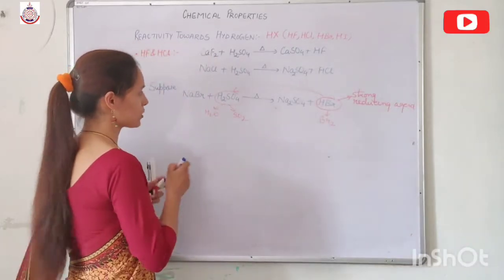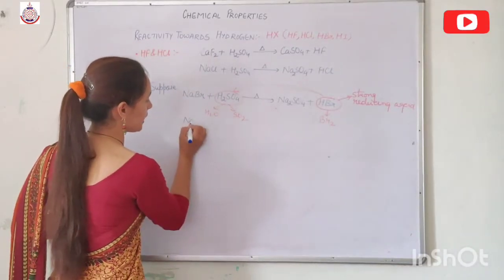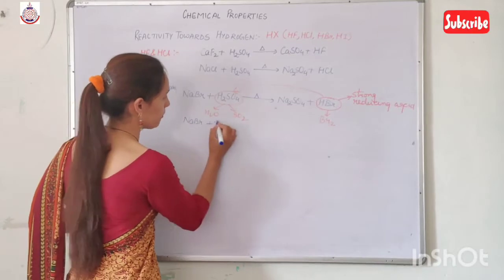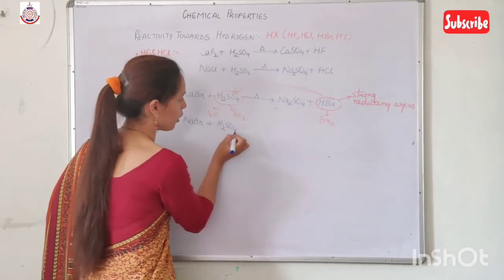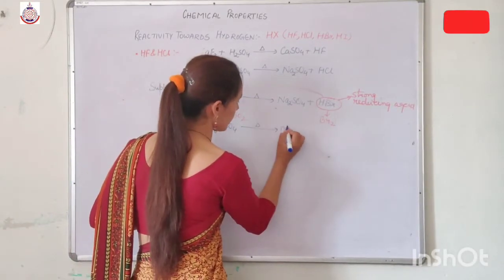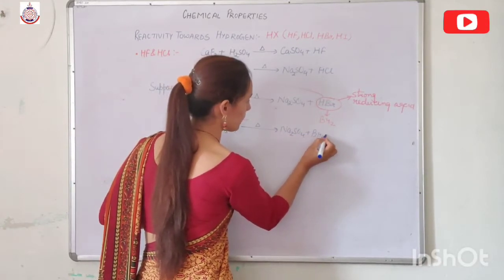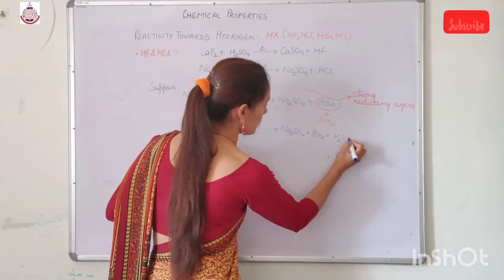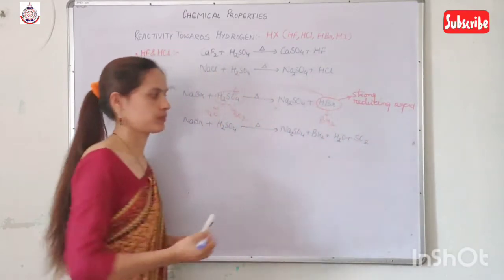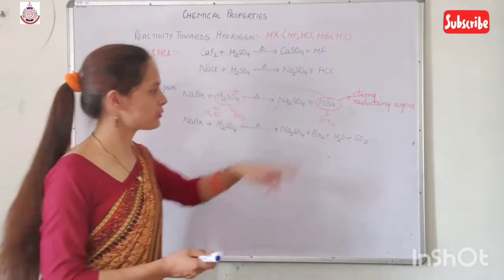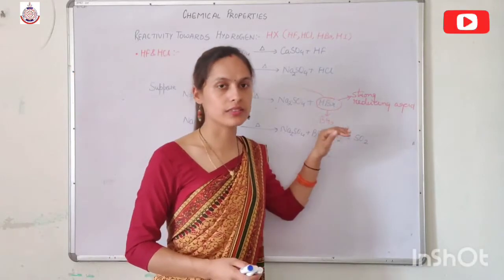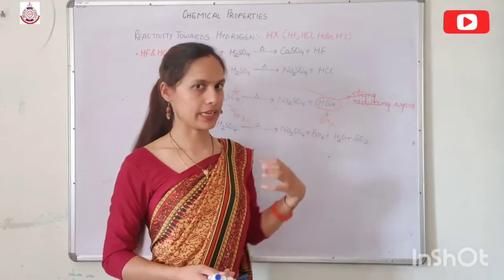So the final reaction which we get is NaBr plus H2SO4 on heating gives Na2SO4 plus Br2 plus H2O plus SO2. So instead of HBr, I get Br2, or instead of HI, I get I2.